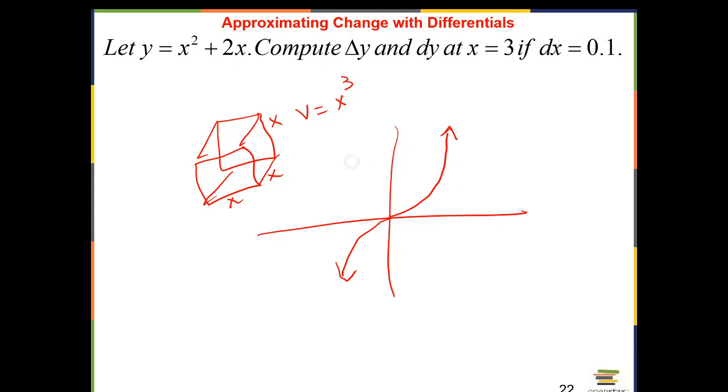So suppose you measure the side of a cube, and because of the instrument that you use, you have a certain error here, right? So when you measure x, you have some error. We're going to call that error dx. So your x would be plus and minus some error. Now the question is, how is the volume changing?